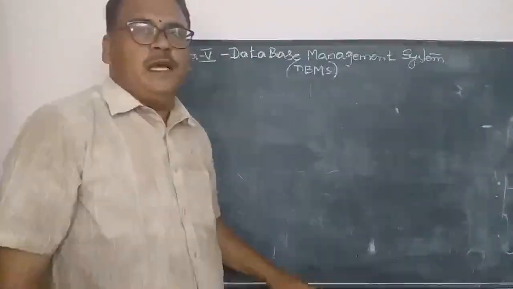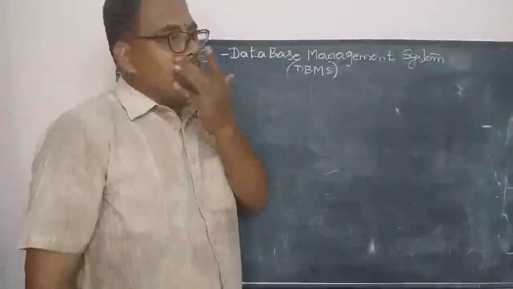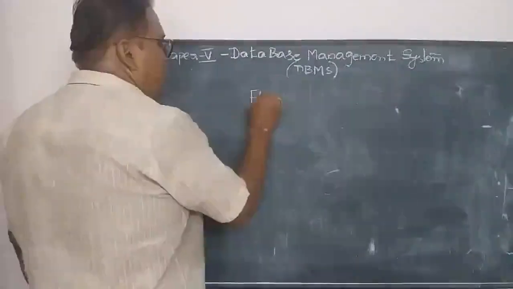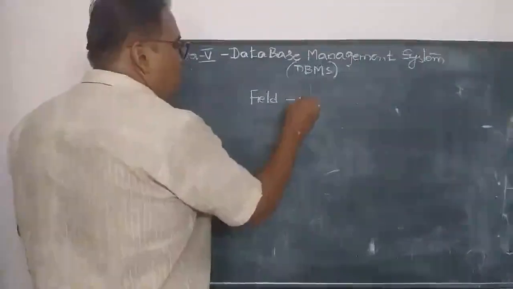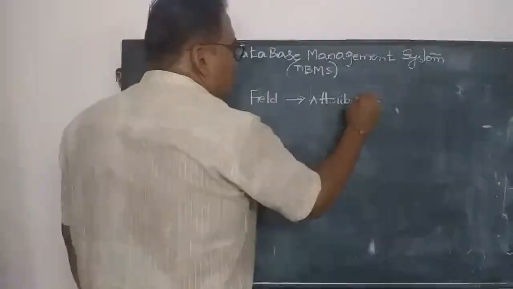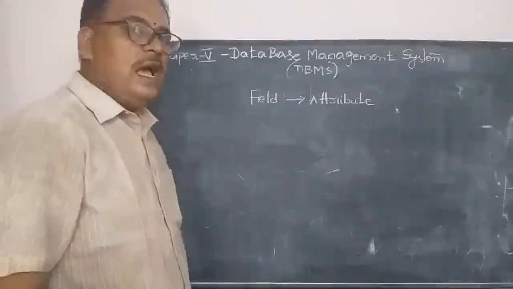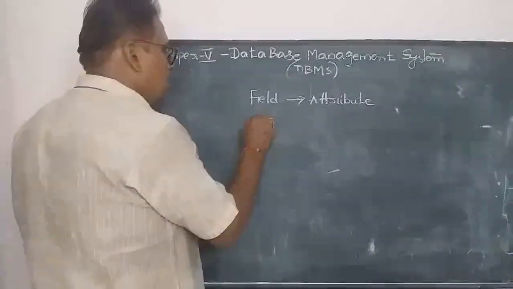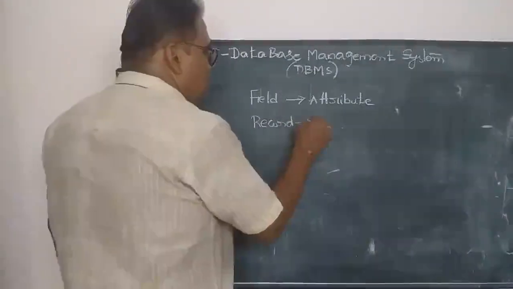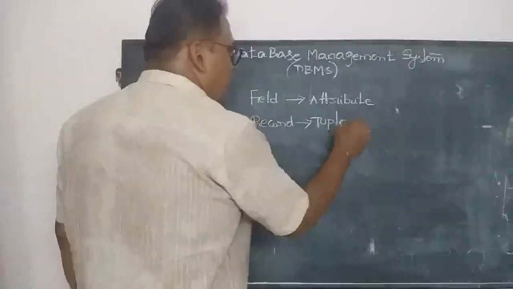Further, in a few chapters we have other names for fields, records and tables. Take field. Field is also called an attribute. Record is also called a tuple.